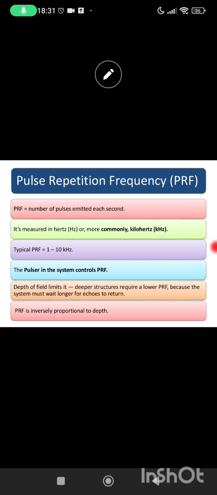For superficial structures, is PRF high or low? High, because the pulse goes fast and comes back fast, so there is a higher PRF. So PRF is inversely related to depth. More depth, PRF decreases.